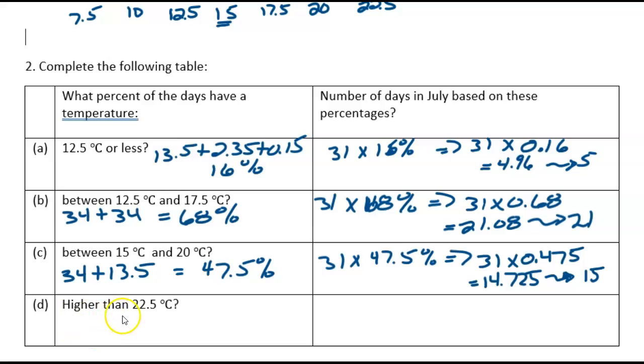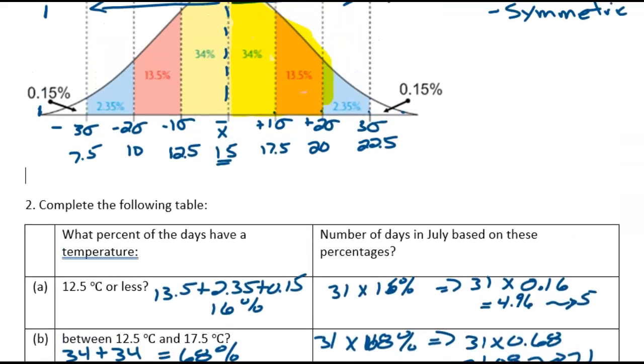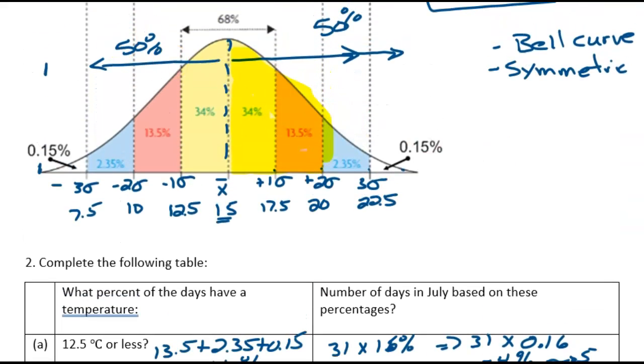And then what percent of days are higher than 22.5? Well, if you remember from our chart, that should be 0.15%. So very few of the days. So 0.15, here, so higher than 22.5 would be in this range, 0.15%.